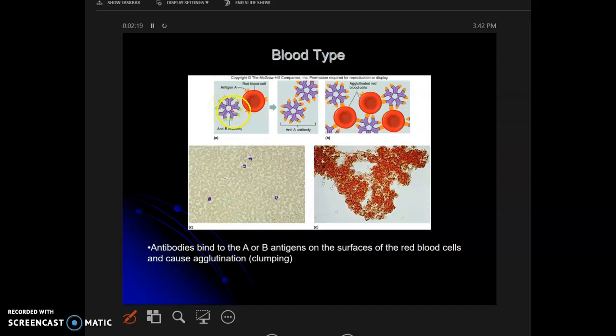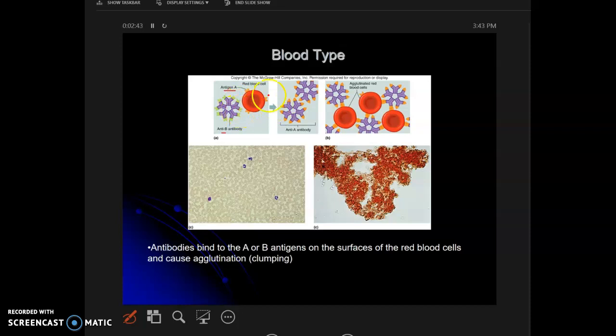So this antibody is going to target what? B. Obviously it will not target A, otherwise these soldiers are going to attack your own RBC. Are you understanding?